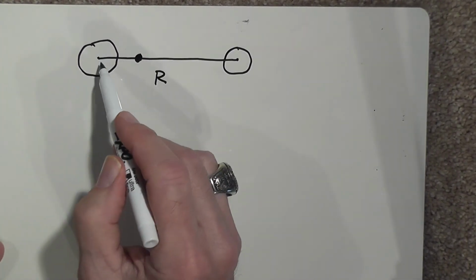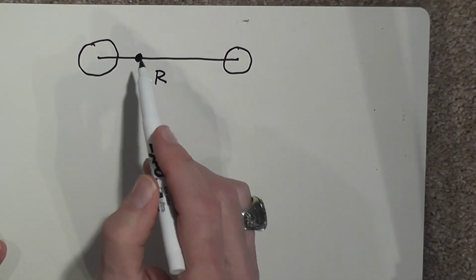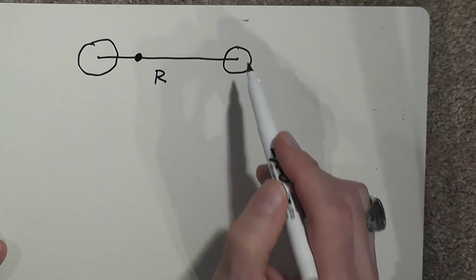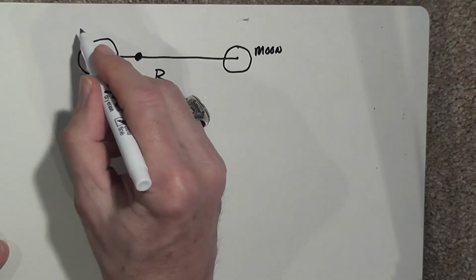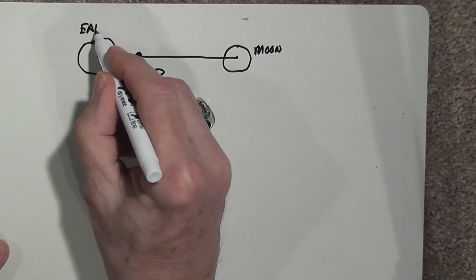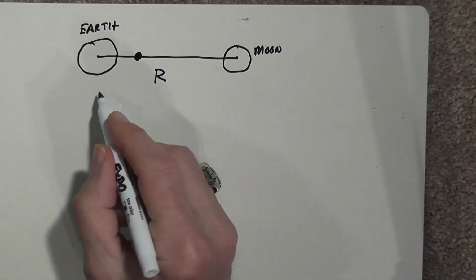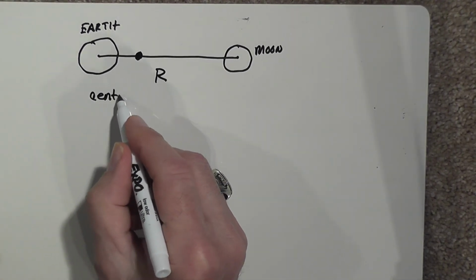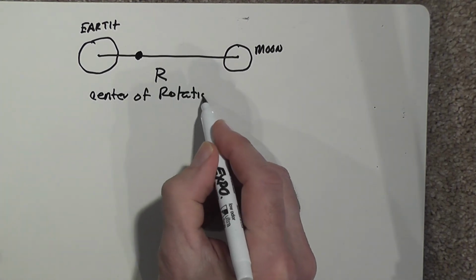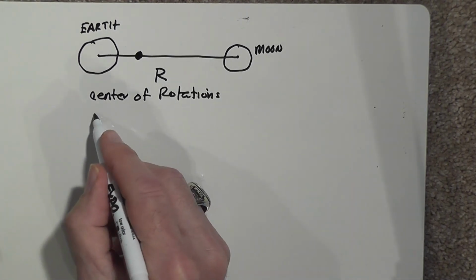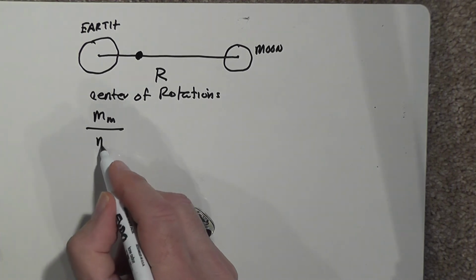and it's based on the mass. Of course, the heavier mass is going to be closer, the shorter distance from the center of rotation than the smaller mass. So if this was the moon, our moon, and the Earth, you could find the center of rotation by taking the mass of, say, the moon, our moon, and the mass of the Earth.